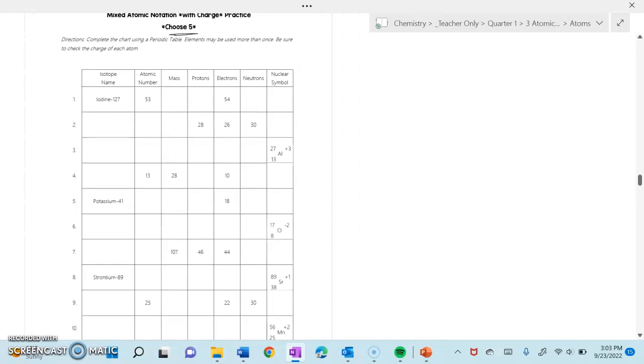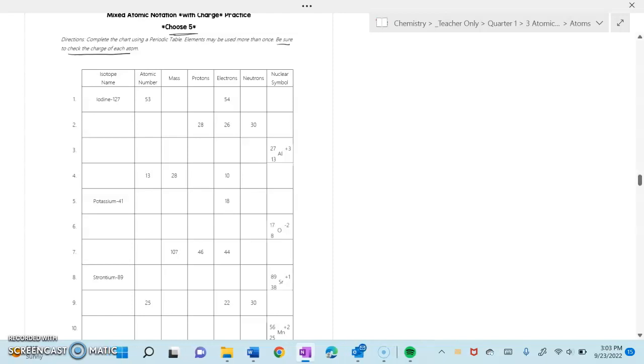And lastly, do 5 on this one. Be sure to check the charge of each atom. So this is now adding in ions, where the charge will be different than 0 because our protons and electrons will be different. Let's just do number 1, iodine 127. So the iodine is number 53. That means it has 53 protons. Its mass is 127.